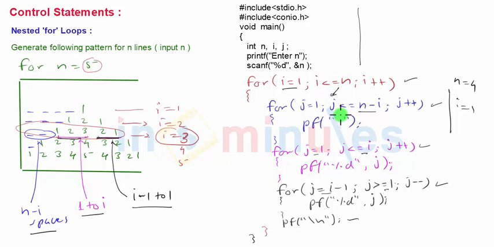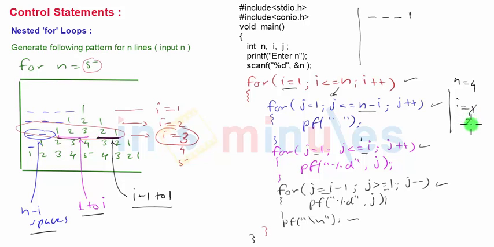The first blue loop goes j equal to 1 to j less than 4 minus 1, that is it works 3 times, and prints 3 spaces. Then the pink loop starts and goes from j equal to 1 to 1, so it prints only 1. Then the black loop starts with j equal to 0, it has to go up to j greater than or equal to 1, but the condition is false, so that loop doesn't work, and a new line is generated.